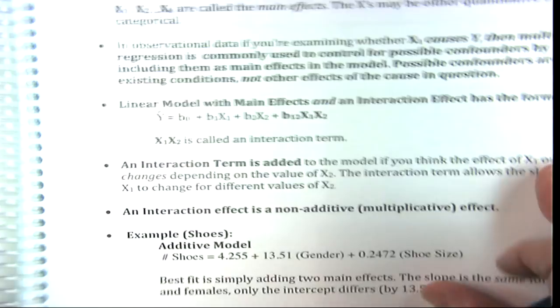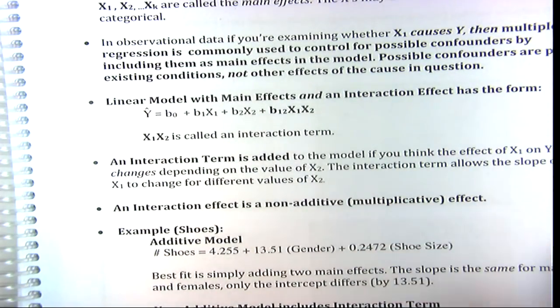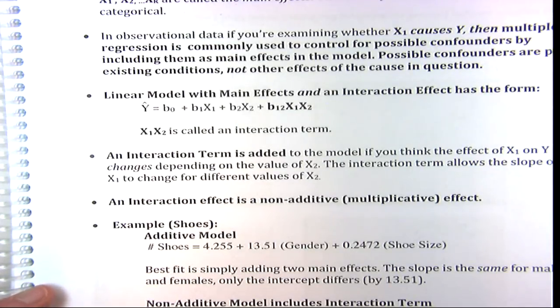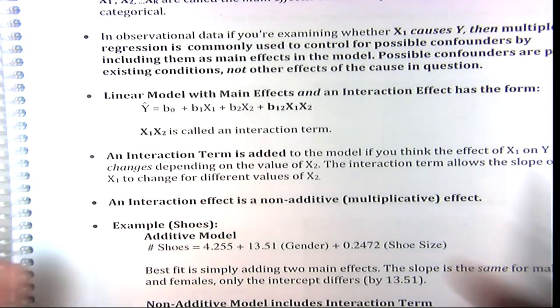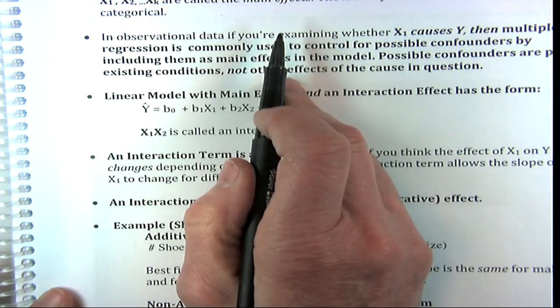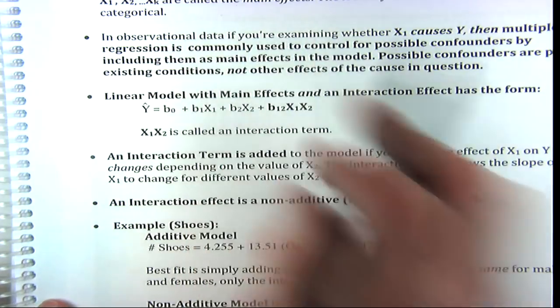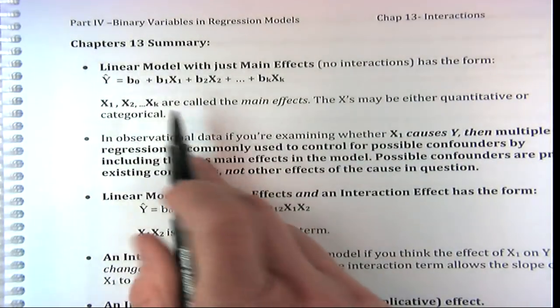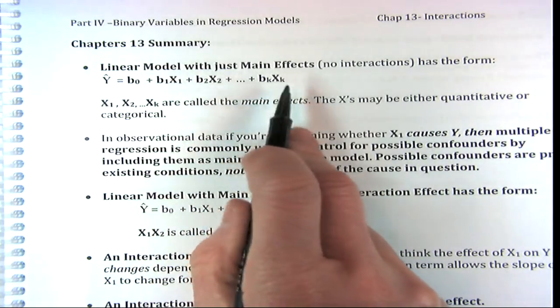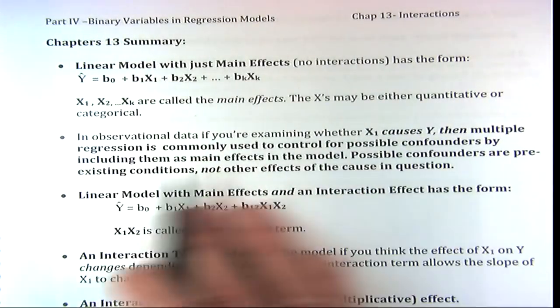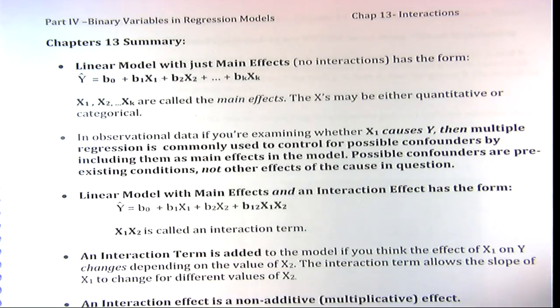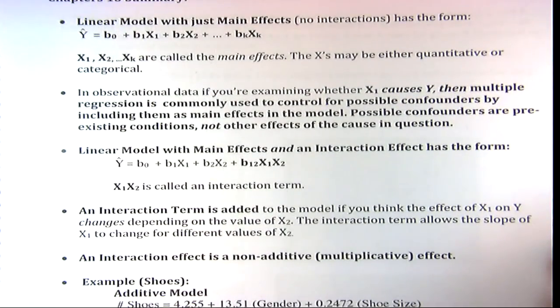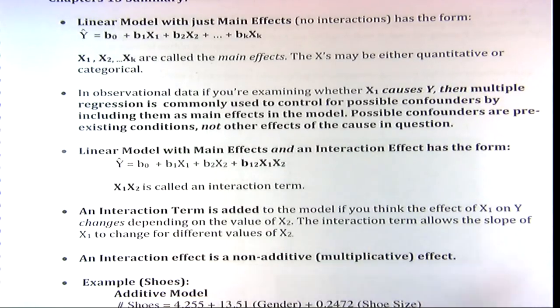Let's see if there's anything in the summary we need here. So the idea is you have these main effects, and then you have the interaction terms that are the multiplicative effects. I think you understand all this.